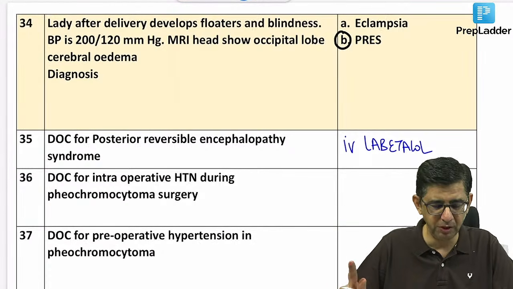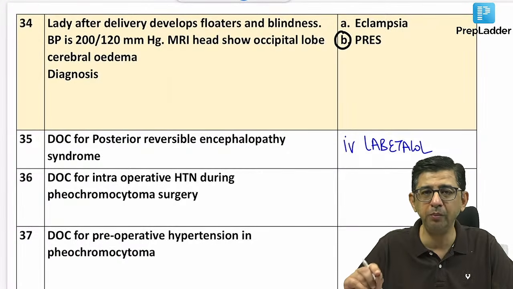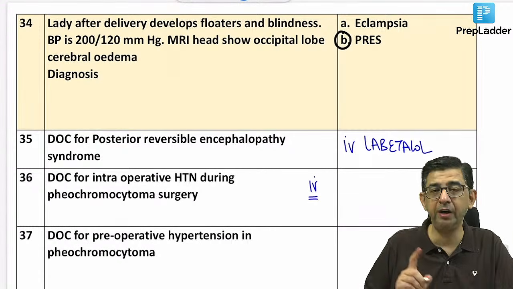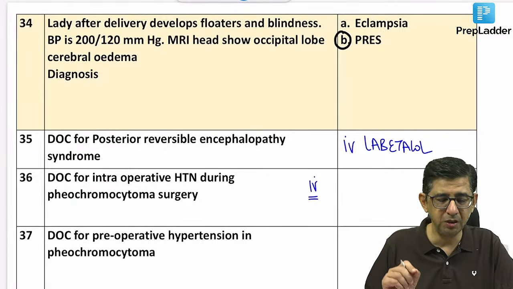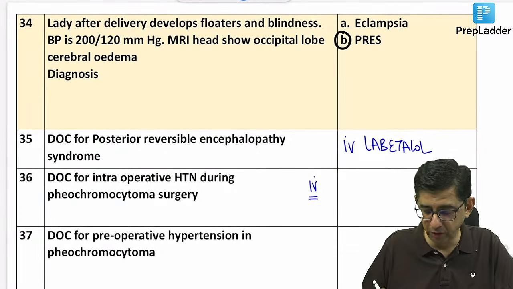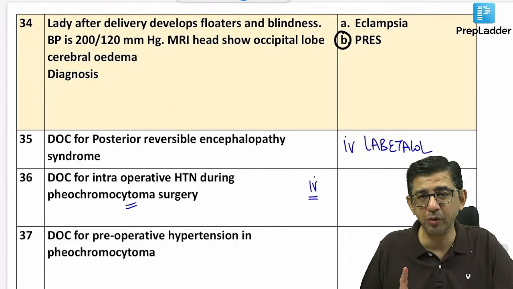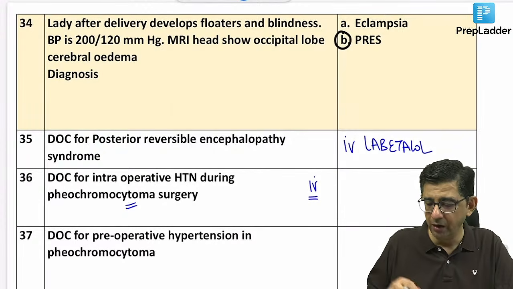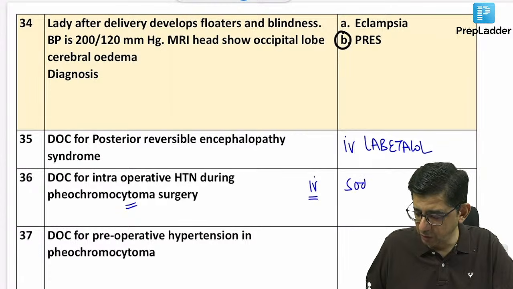The only question where I am mentioning sodium nitroprusside comes now: if he says intraoperative hypertension during pheochromocytoma surgery, that's the point to be remembered. Whenever there is going to be tumor manipulation by the surgeon during a pheochromocytoma surgery, that is when you will answer sodium nitroprusside.